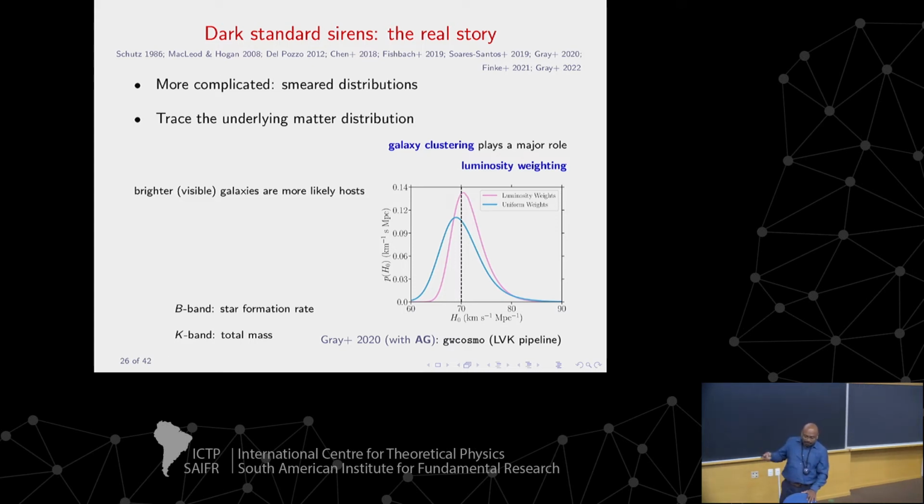One can, for example, give a weight in proportion to the luminosity in a visible band, if one assumes that these gravitational wave mergers are correlated with the star formation rate, or in an infrared band if one is more agnostic and wants to assume that these gravitational wave mergers are correlated with the total mass of the system. And that leads to an improvement in the measurement.